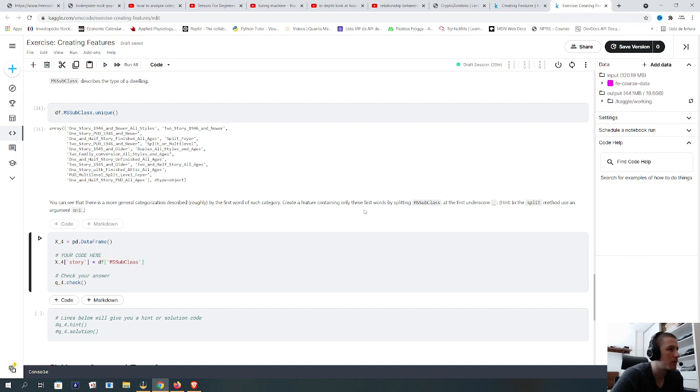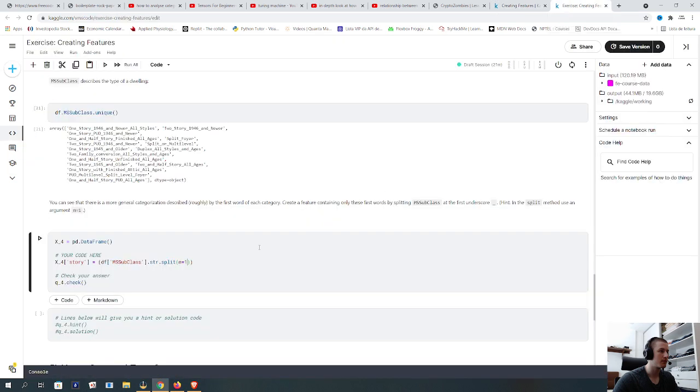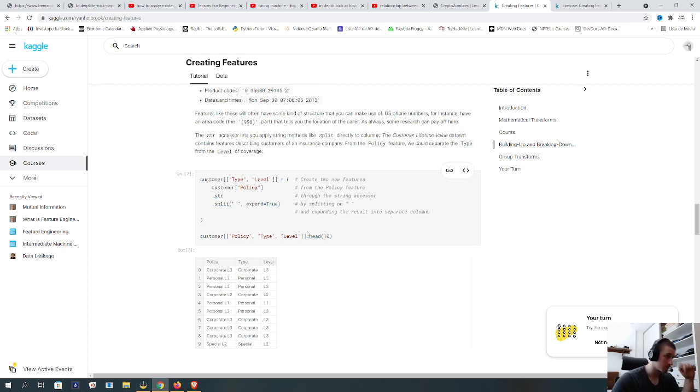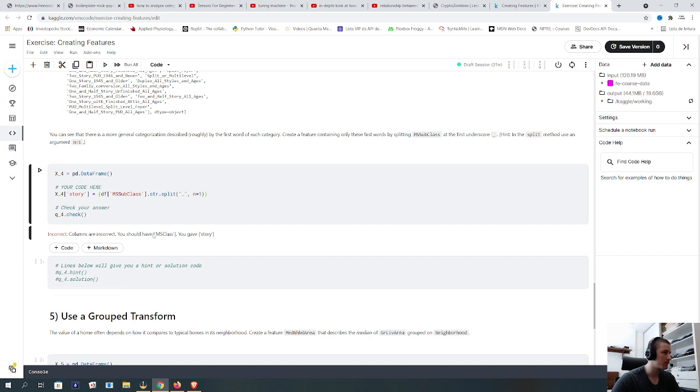Create a feature containing only these first words. So I guess it's like this. MS class. Did they say that?